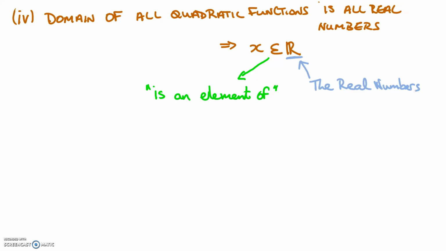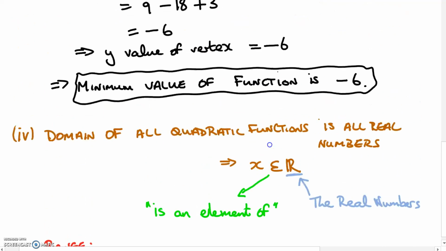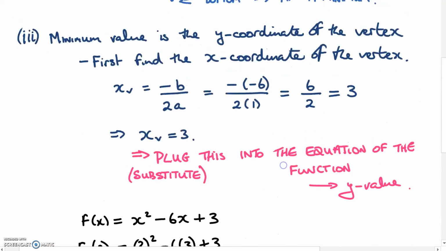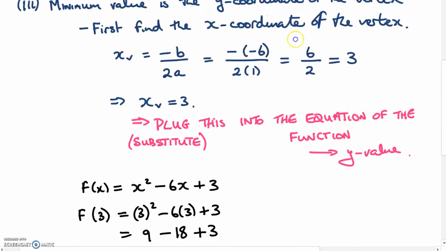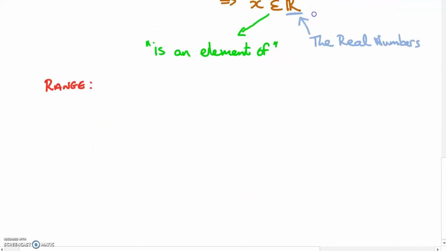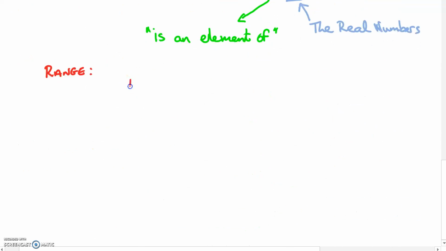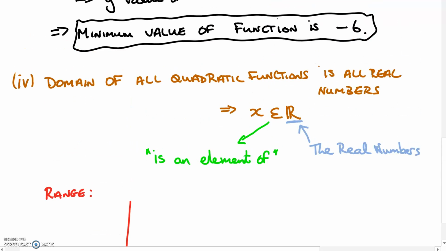Okay. The second part of this, though, is a little bit more complicated, so let's think about it. We're going to talk about the range. Okay, so to figure out the range, remember what you know about this function already. It's a U-shaped graph, and it has a bottom at negative 6.